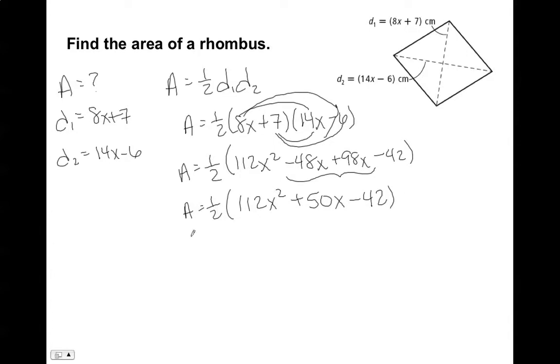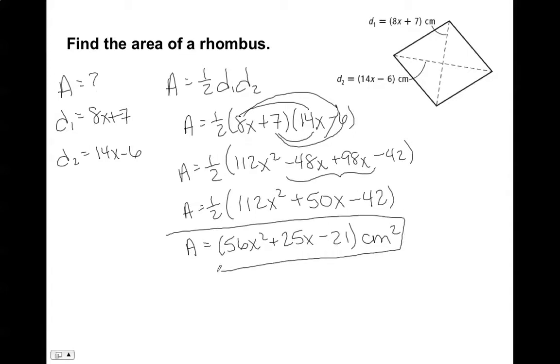Now we need to distribute this 1/2. And it may not look pretty, but this is the area of this rhombus.